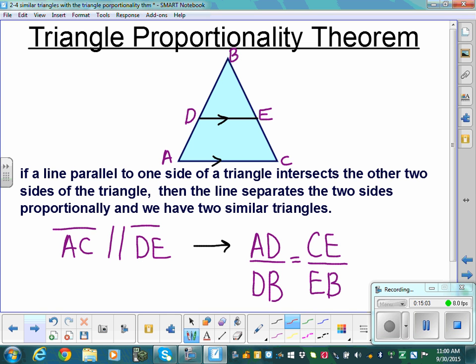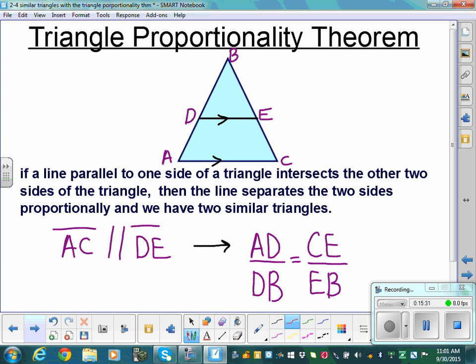If a line parallel to one side of the triangle intersects the other two sides of the triangle, so it's intersecting this side and this side, then this line separates the triangle proportionately. And we have two similar triangles. So it's going to separate this side to this side proportionately with this side to this side. Now, that's only if those two lines are parallel, can you assume that?